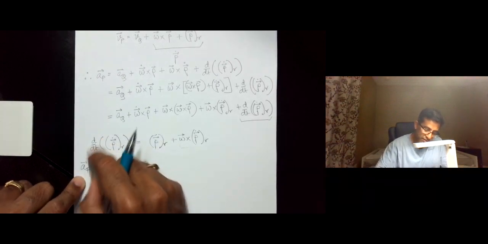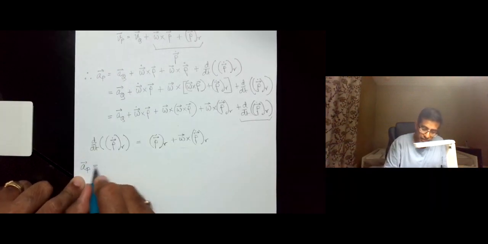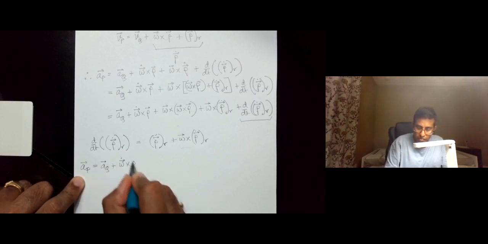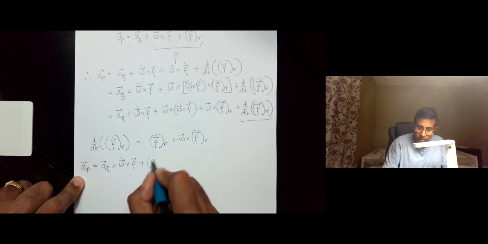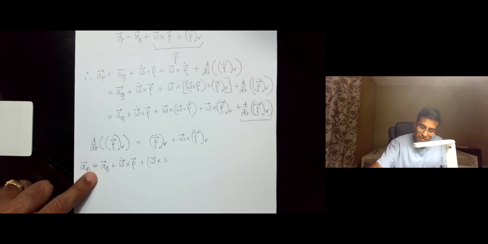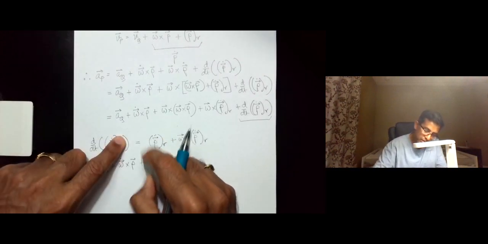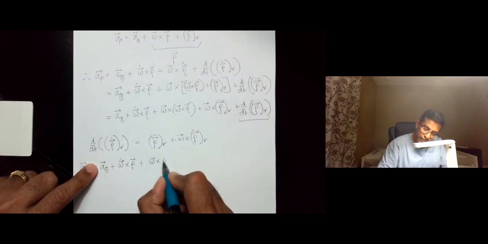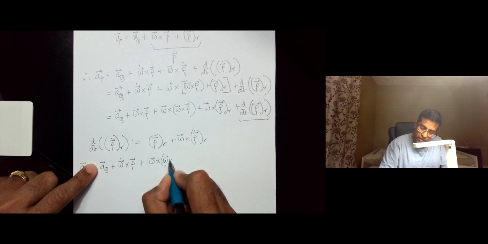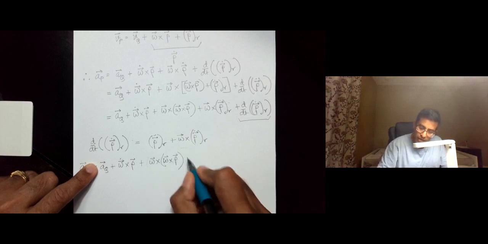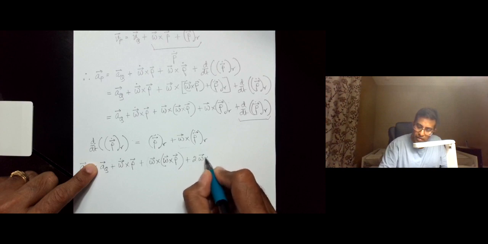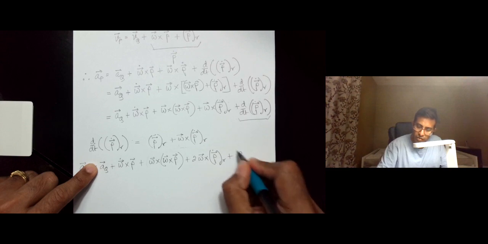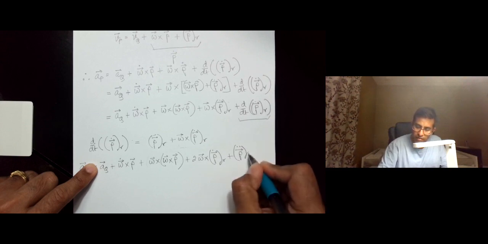So AP then is equal to AQ plus omega dot cross rho plus omega cross omega cross rho plus 2 omega cross rho dot r plus rho double dot r.